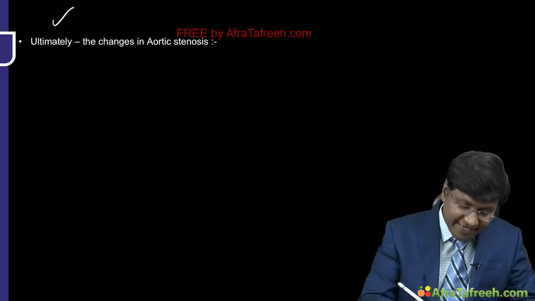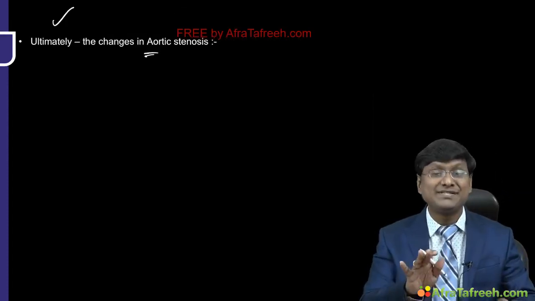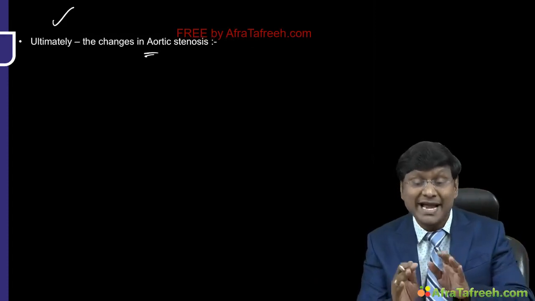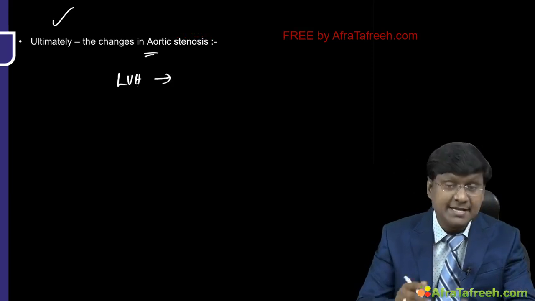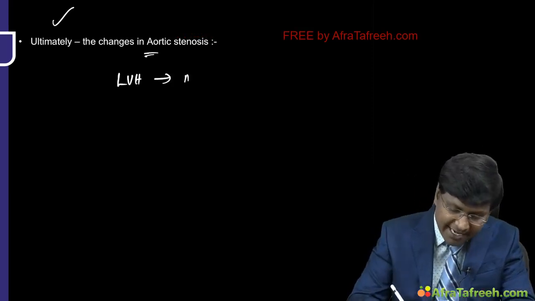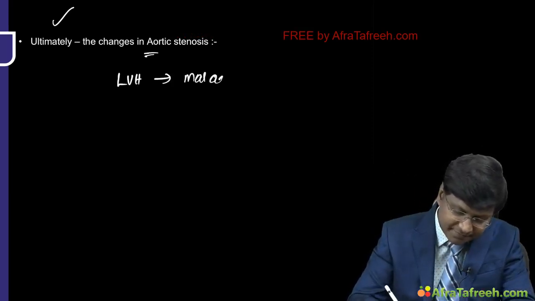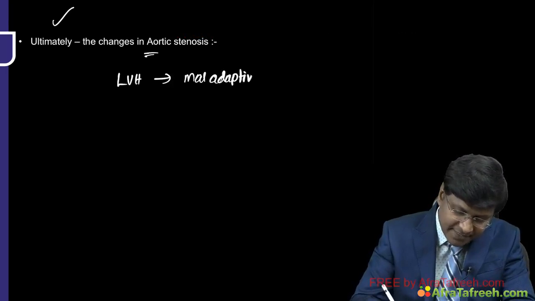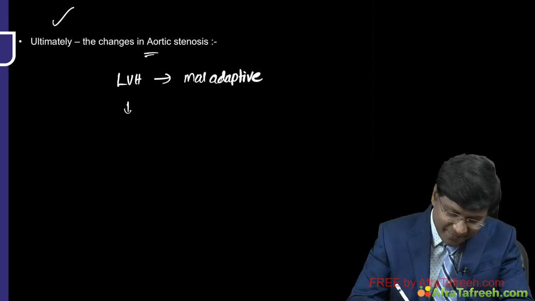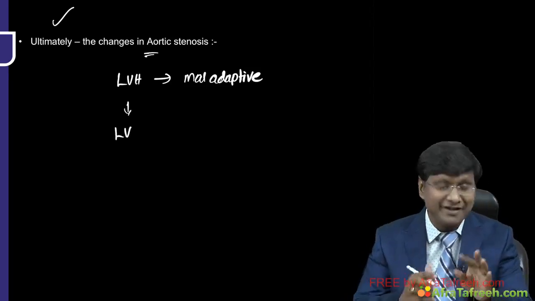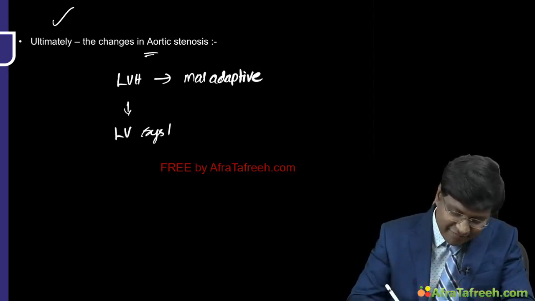So finally, the change that happens in aortic stenosis is that at one point of time, the left ventricular hypertrophy becomes maladaptive, and subsequently left ventricular systolic function declines.